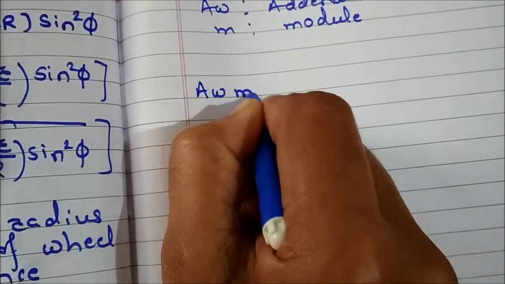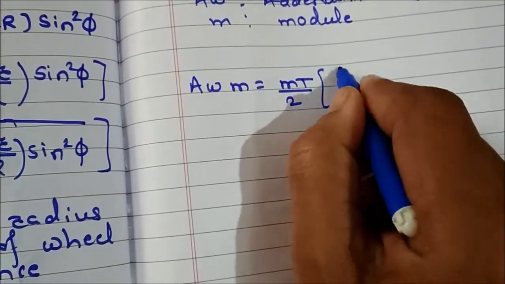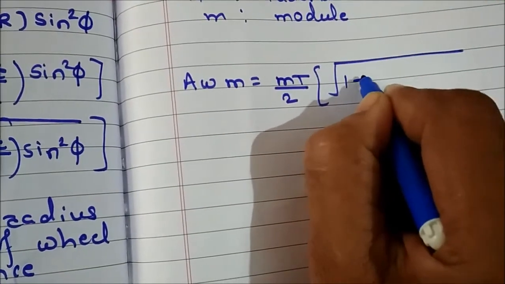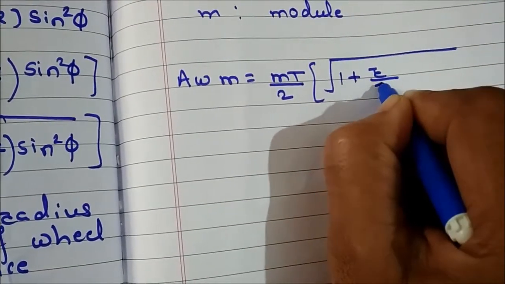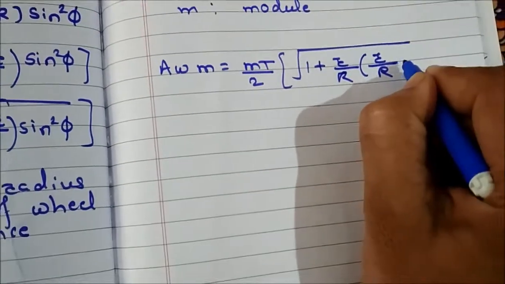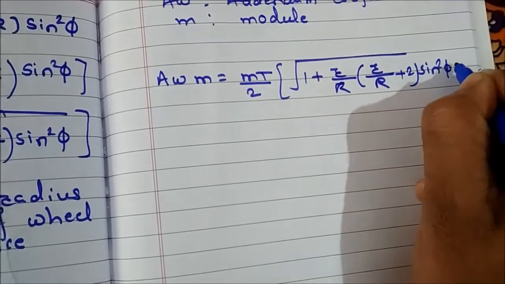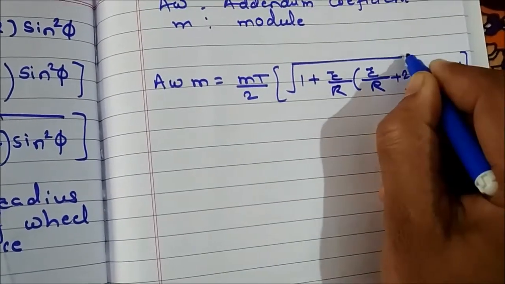AW m is equal to mT by 2 into bracket, root of 1 plus r upon capital R into bracket r upon capital R plus 2 sine square phi, minus 1, bracket close.